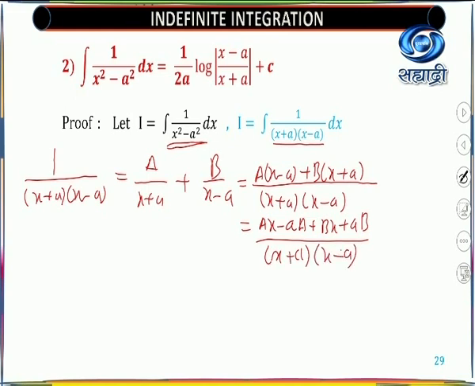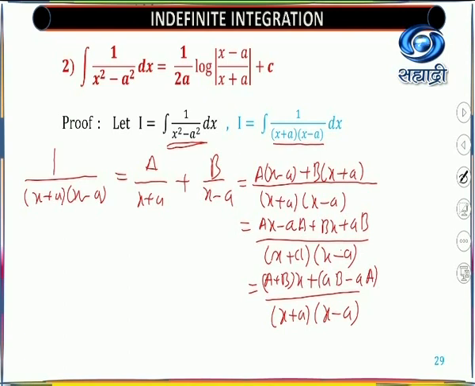Now, before comparing, you must know which are the x terms and which are the constant terms. So you get A plus B into x plus a into B minus A, and in the denominator x plus a into x minus a.